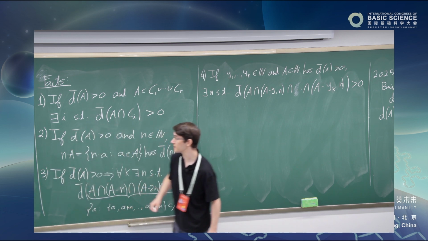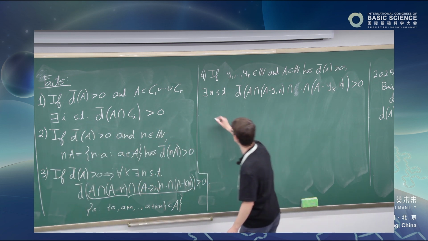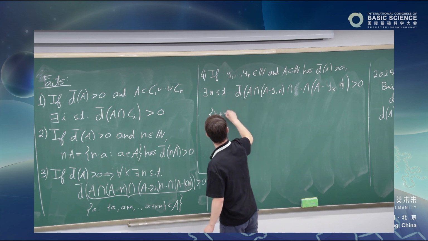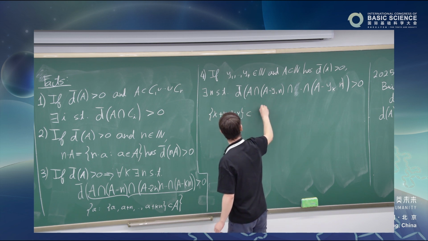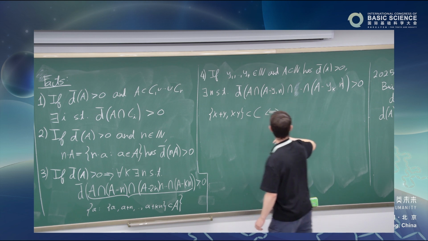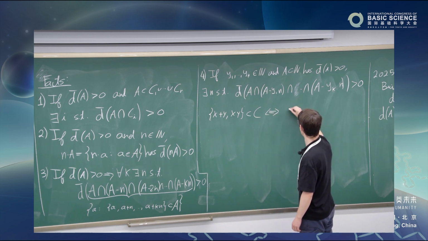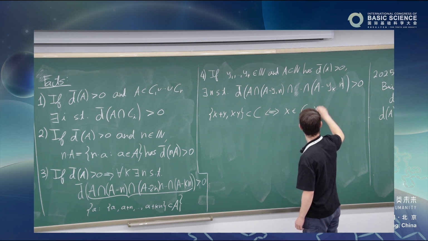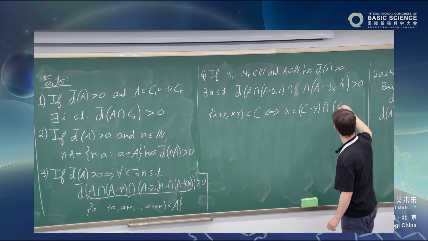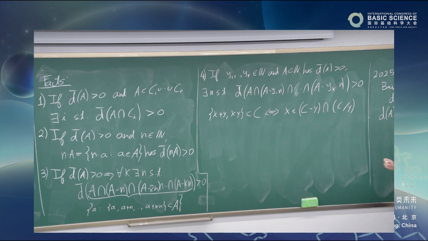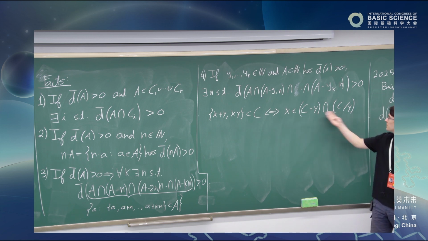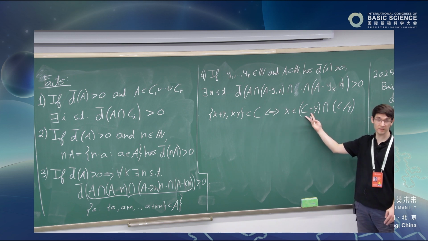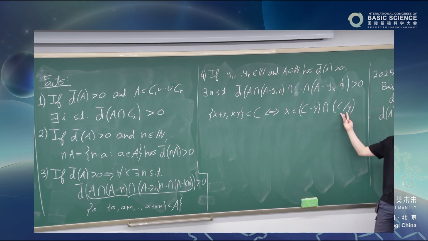Let's say I just want that pattern inside my set C. So x plus y, x times y inside the set C is the same as saying that x is in the intersection of C minus y and C divided by y. If x is in this set, you can guess the definitions: x plus y is in C, and x times y is in C.